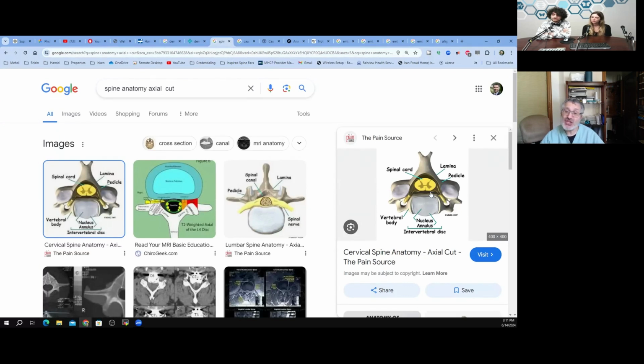Here, it pushes on the nerve that goes one level below it. So, L5-S1 disc herniation, 80% of the time, it pushes in the lateral recess on the S1 nerve root, one level below it, and only 20% in the foramen where the same nerve is going out.